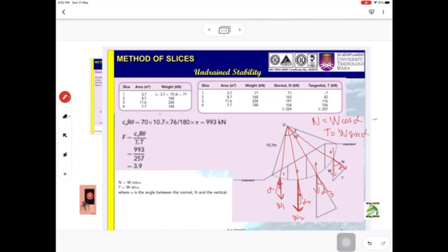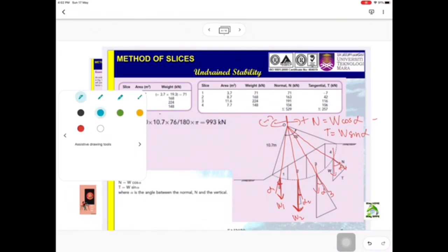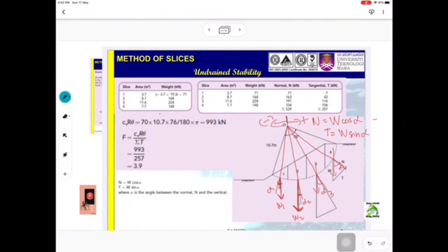Okay, from this one, only alpha 1 is on the left side. Remember, left side must be negative, right side must be positive. So alpha 1 is negative, and alpha 2, 3, and 4 are on the right side.